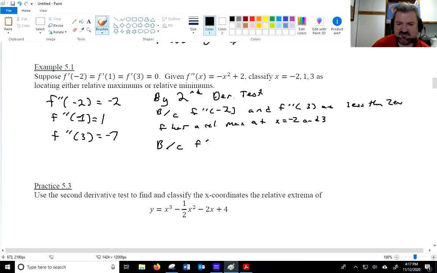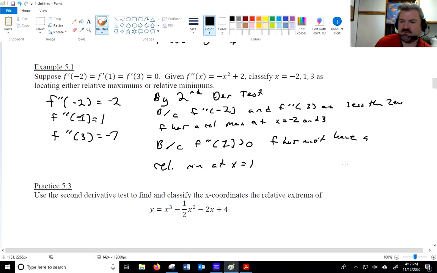And because f double prime of 1 is positive, f must have a relative minimum at x equals 1.